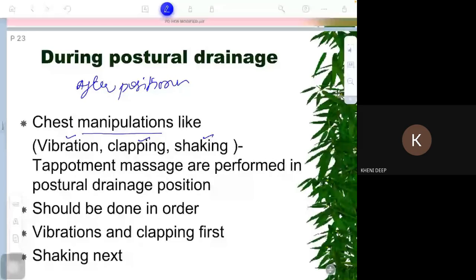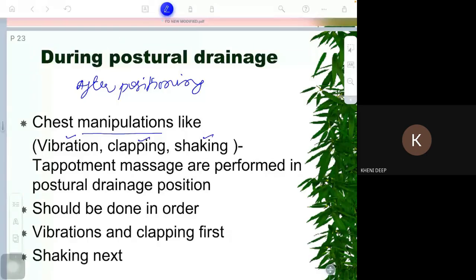After positioning the patient, see, suppose secretions are thin. You know there are two types of secretions. If the secretions are thin, then mere positioning will drain the secretions. Again, I'll repeat.